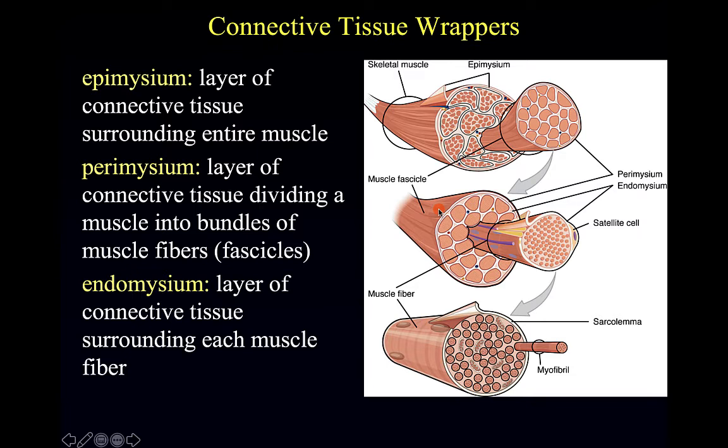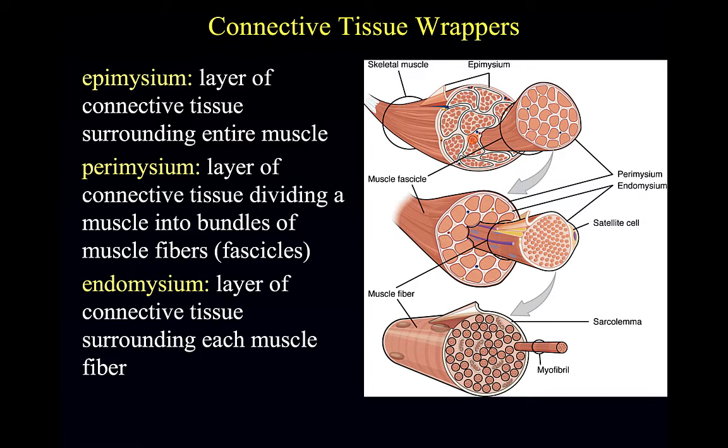So these fascicles are also going to be wrapped up and separated by what we call perimysium. So the perimysium is going to be around a fascicle here. We've got it around a fascicle here, around a fascicle there. Each fascicle is going to be wrapped in perimysium.